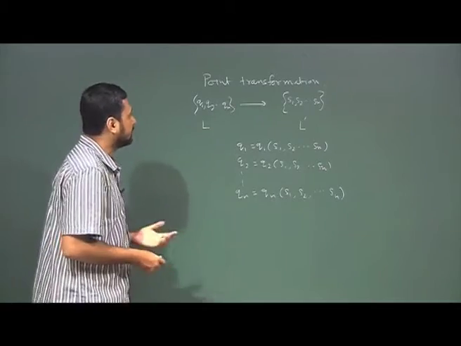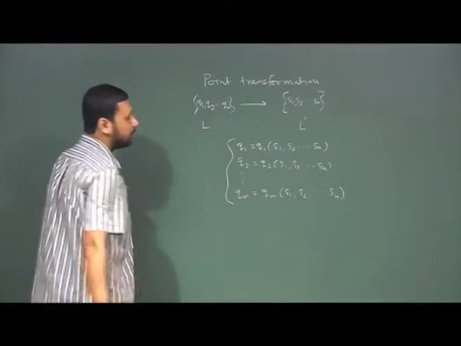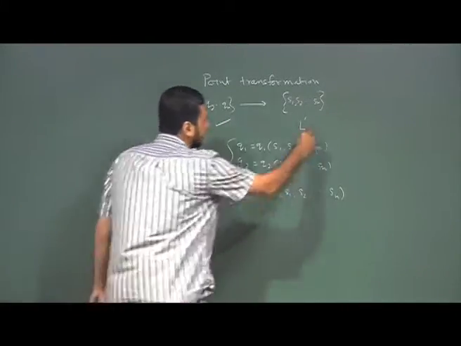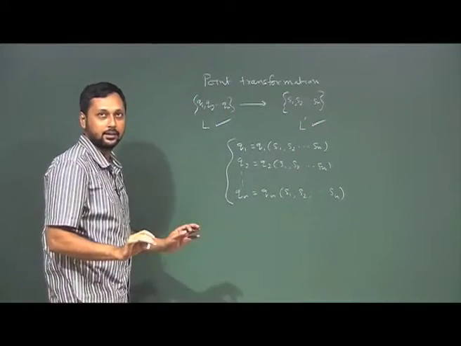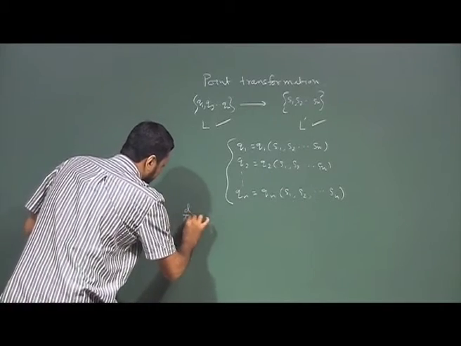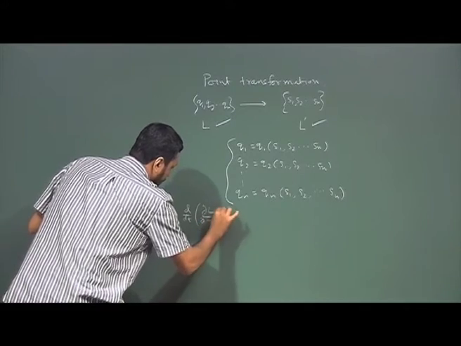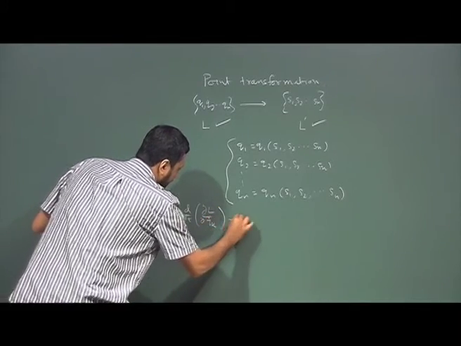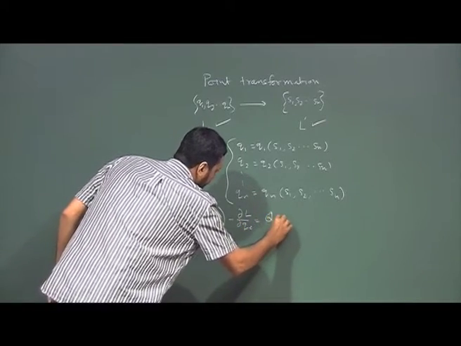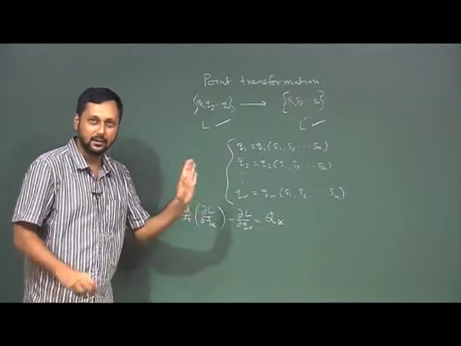So, the concept of point transformation is that if this type of transformation equation exists, then if L is a valid Lagrangian, L prime will also be a valid Lagrangian. Little more formally, if L gives you the equation of motion in the form d/dt of del L by del qk dot minus del L by del qk equal to Qk, Qk being the generalized force, I am just writing it in general form.